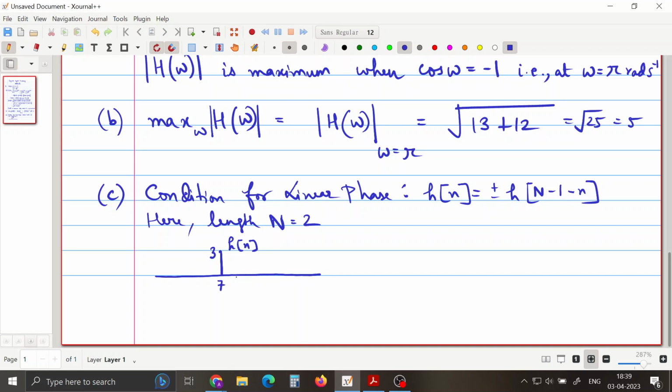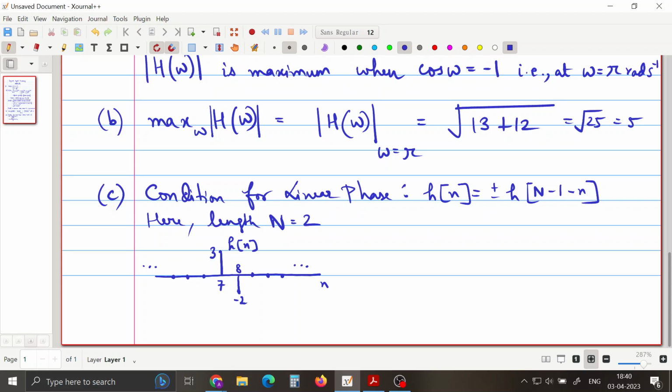At n equals 8 we had minus 2, so this is at n equals 8, and this amplitude is minus 2, and the rest of the samples are all 0. It continues 0, 0, 0, and so on. This is n.